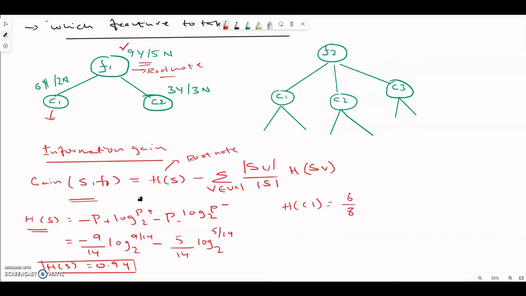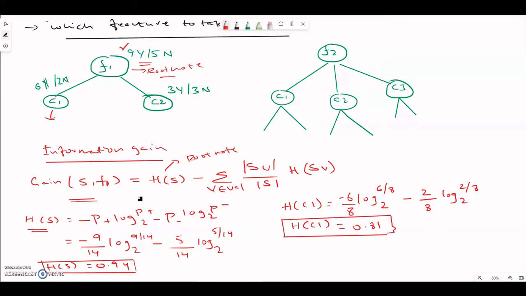Probability of yes is 6 divided by 8, minus log to the base 2 of 6 divided by 8, minus the probability of no, which is 2 divided by 8, log to the base 2 of 2 divided by 8. For category 1 we get 0.81 after solving this.